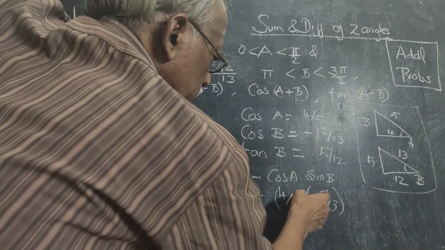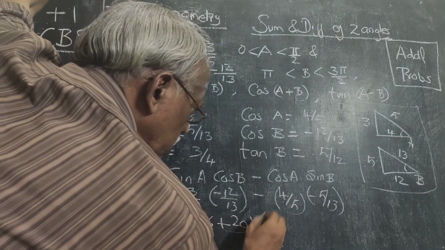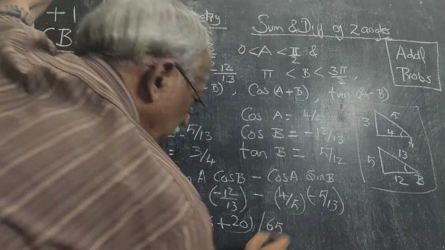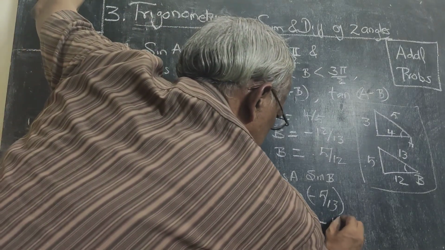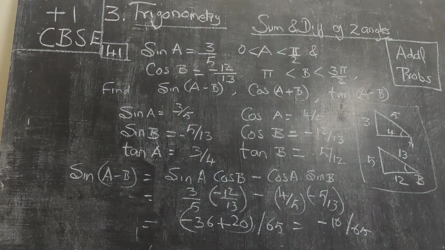Here is one minus, here is one minus, so plus 4 fives are 20. The whole thing by 65. So the answer is minus 16 by 65.